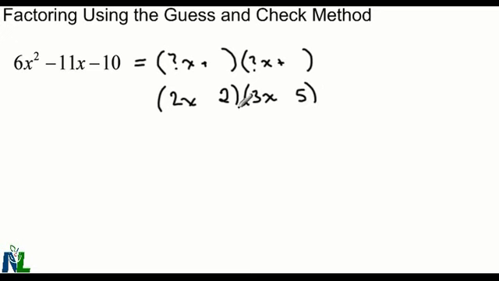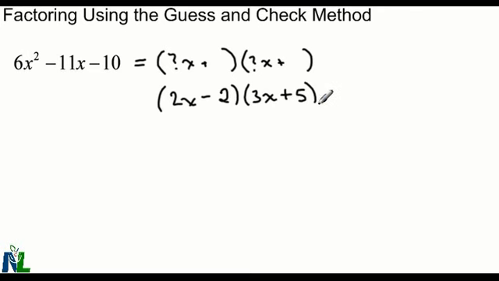Now, I'm not sure if I have this 2 and 5 placed in the right bracket, but I need to guess and check and see if that's going to work. What I do know is that one of them will need to be negative. I'm not sure which one yet. So I'm going to put my negative here, which means I need to make this one positive, because negative 2 times positive 5 would give me a negative 10.